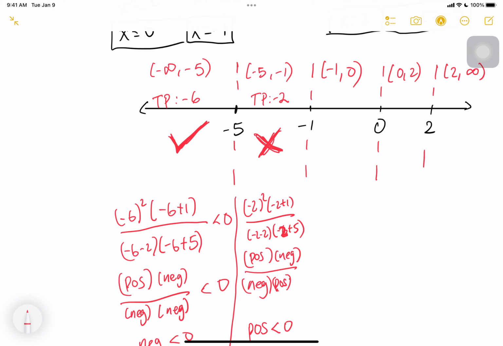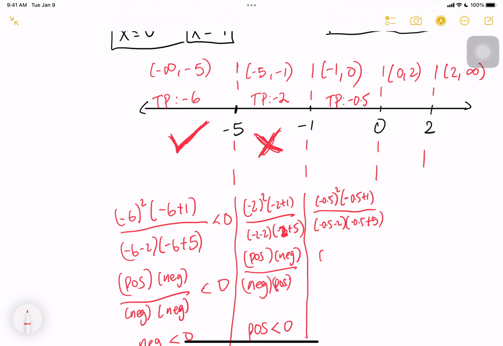A number between -1 and 0. There are lots of them. I'll go with -0.5. So -0.5 squared, -0.5 plus 1, -0.5 minus 2, -0.5 plus 5.